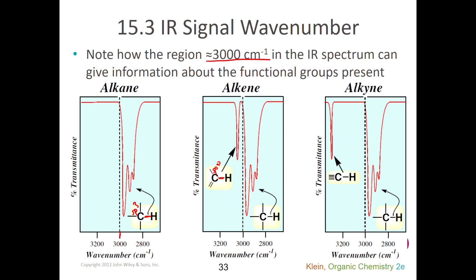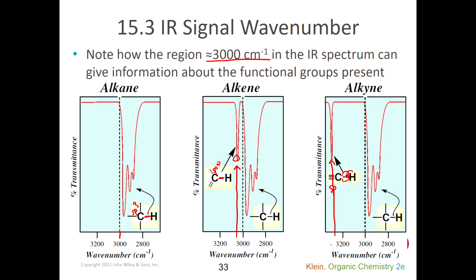Because it's a little bit stronger a bond, it requires a slightly higher amount of energy to cause that bond to stretch. And when it's an sp hybridized carbon and the orbital overlaps, even pulling the electrons closer to the nuclei, it takes even more energy to stretch that, specifically closer to 3300 wave numbers of energy to stretch that bond.